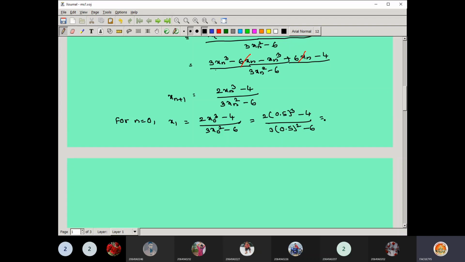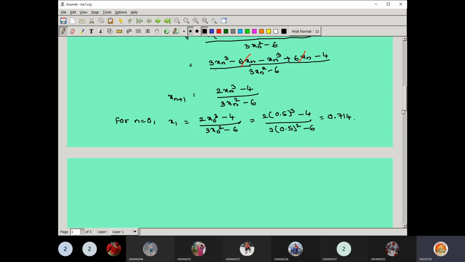On pressing the equal button, 5 by 7, you are getting 0.714. So that is the first approximate root value, for n equal to 0.